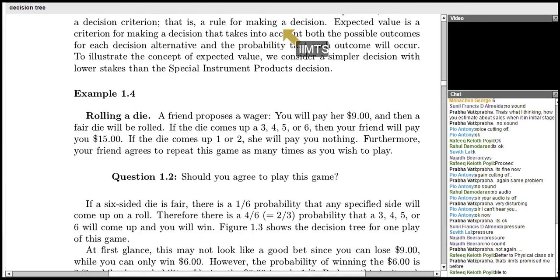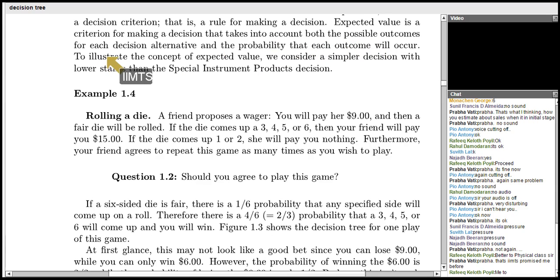That is a rule for making a decision. Now, expected value is the criterion for making a decision as well. For example, if your criterion is finance, you realize you're going for the temperature sensor. But if finance is not the major criterion, then you're going to go for the pressure sensor.